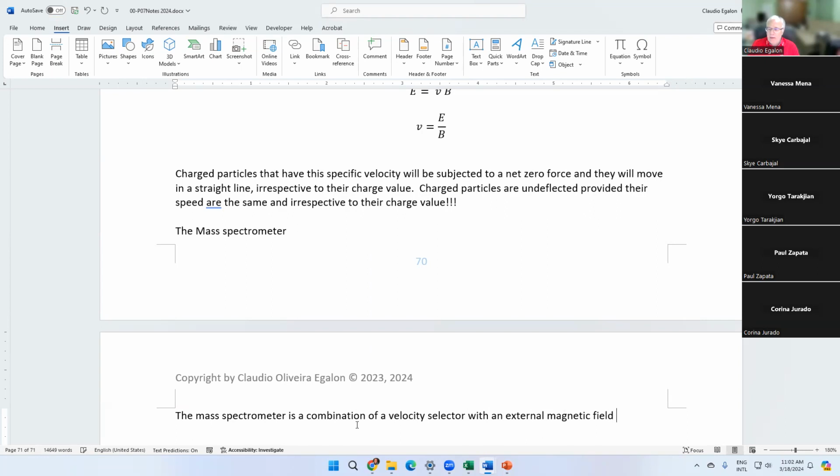It's an external magnetic field. No external E field, okay? The electric field is only in the inner volume of the velocity selector. Only in the inner volume of the velocity selector.